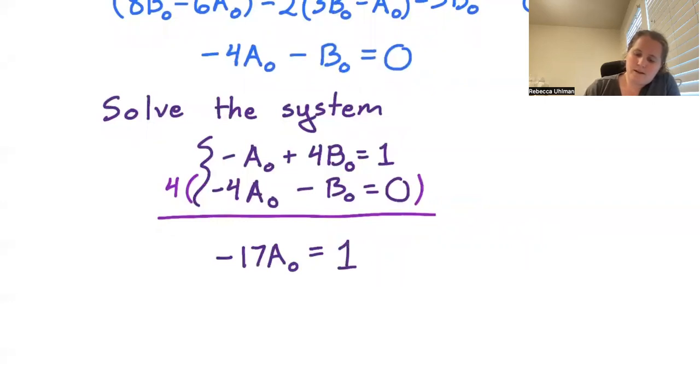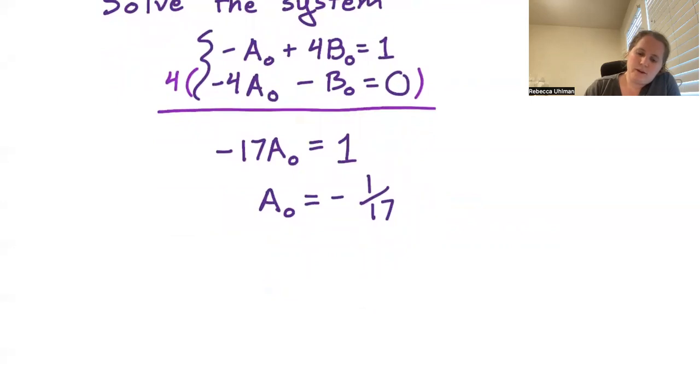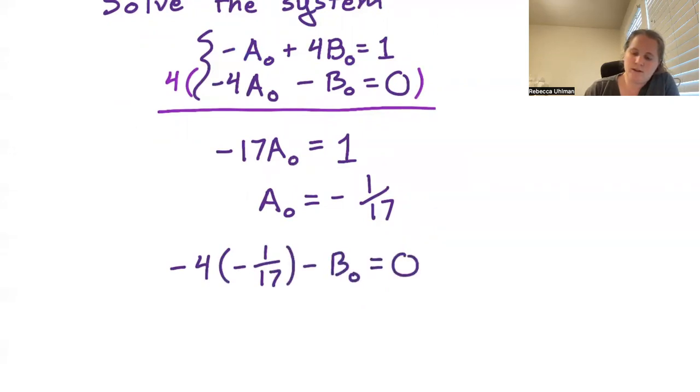So we get that a0 should be negative 1 over 17. Plugging in, negative 4 times negative 1 over 17 minus b0 equals 0, and we should get that b0 is therefore 4/17. And that does satisfy our system.